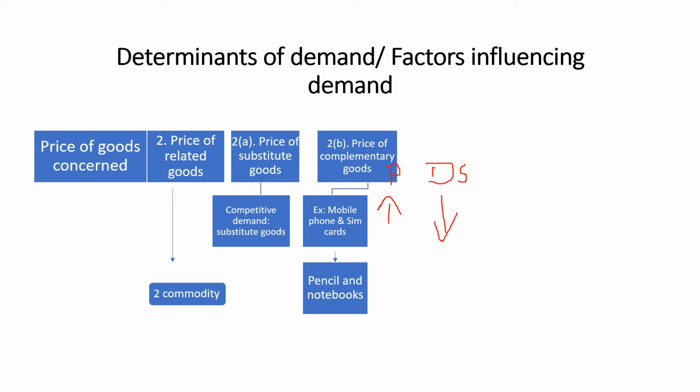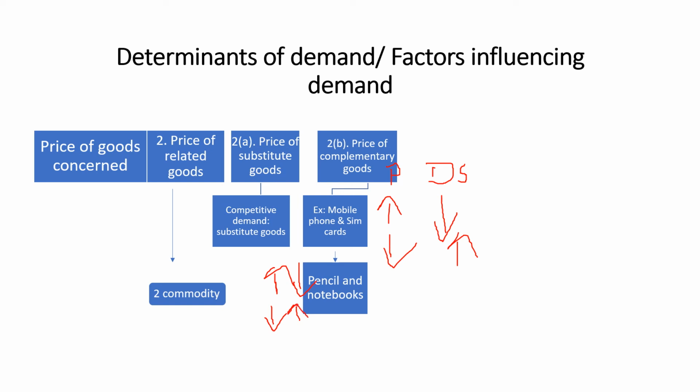At the same time, when the mobile phone price has come down, the demand for SIM cards will also rise. Likewise, when the pencil's price is high, the notebook's demand will be low. When the pencil's price is low, the notebook's demand will be high.